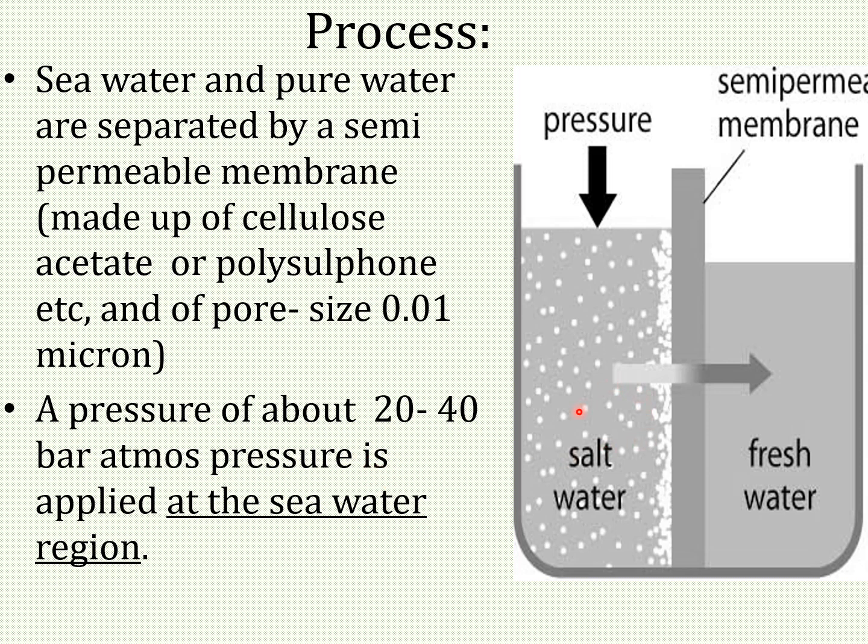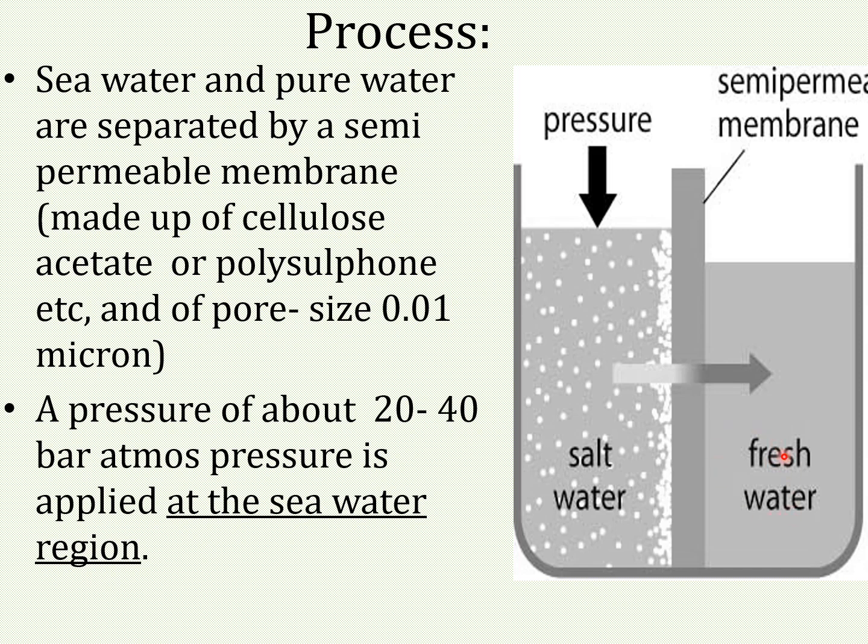The solvent molecules will move from the salt water side to the freshwater side. What does that mean? The solvent molecules in seawater are the pure water. All the pure water from the seawater or the salt water will now be moving towards the freshwater side. We are collecting the pure water on the freshwater side.